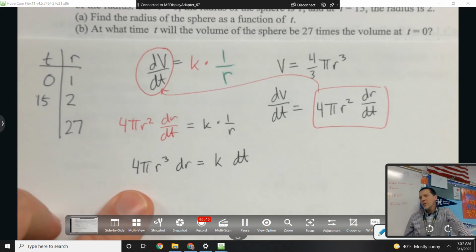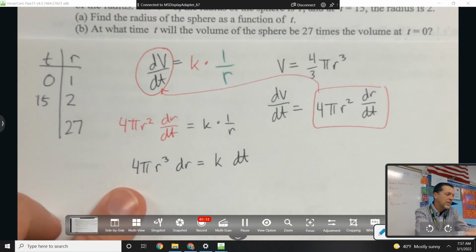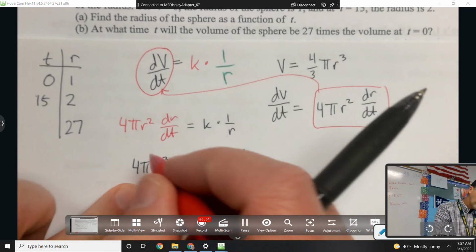I need to decide where I want the 4 pi to go. I can leave it there, or I can put it in the denominator on the other side. I think I just leave it there. It's not going to matter, but I think I'll leave it there.